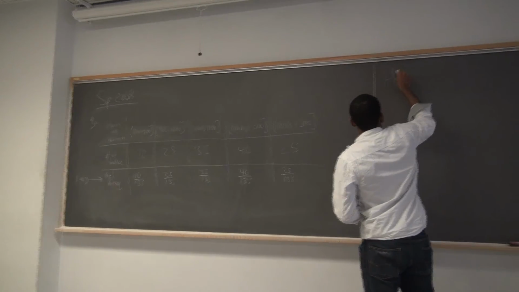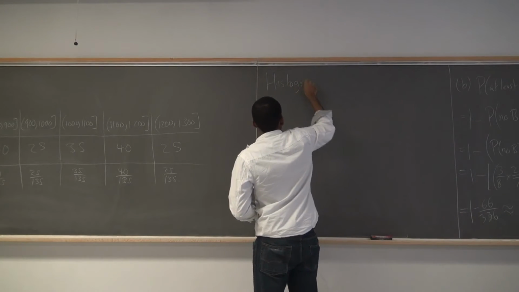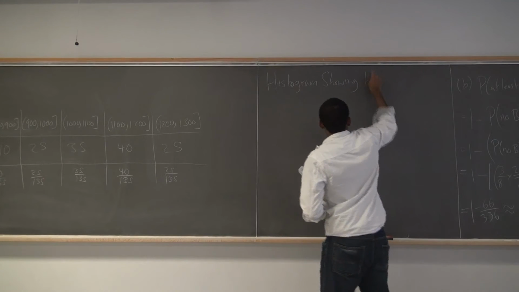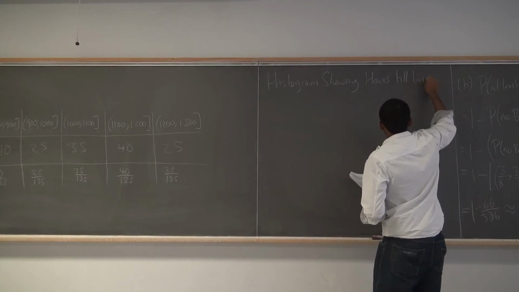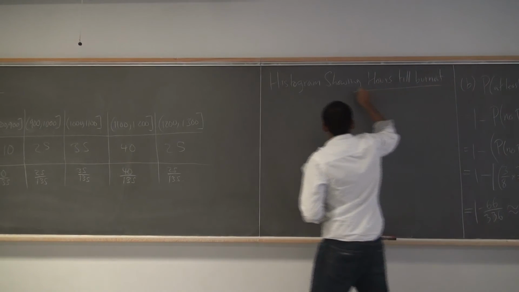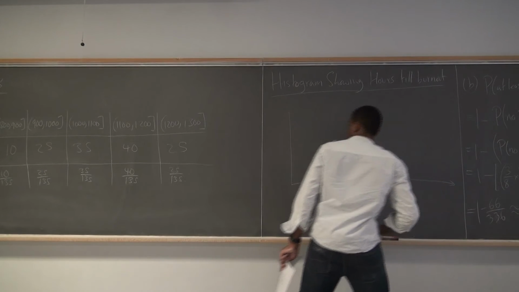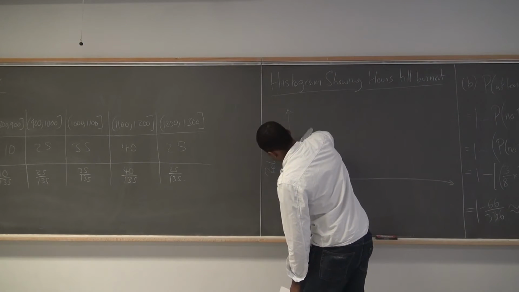Histogram. Show hours overnight. So this is relative frequency.